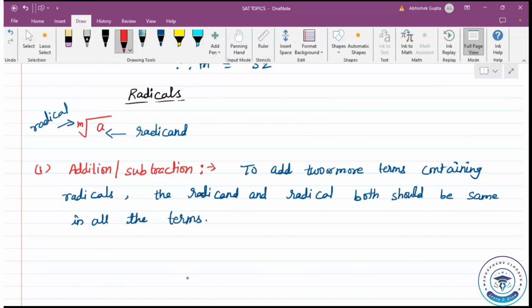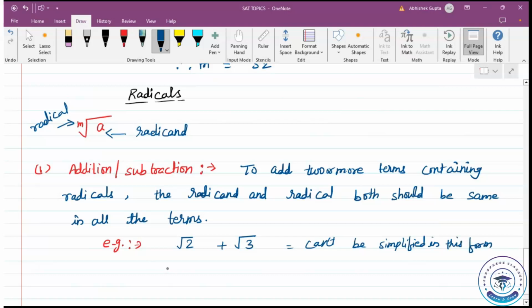For example, if we have square root of 2 plus square root of 3, the radical is the same, but the radicands are 2 and 3, so it can't be added or simplified in this form.